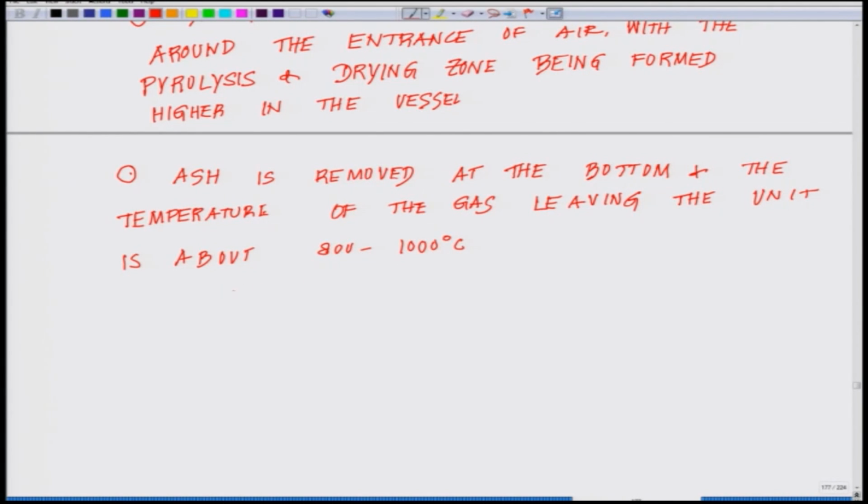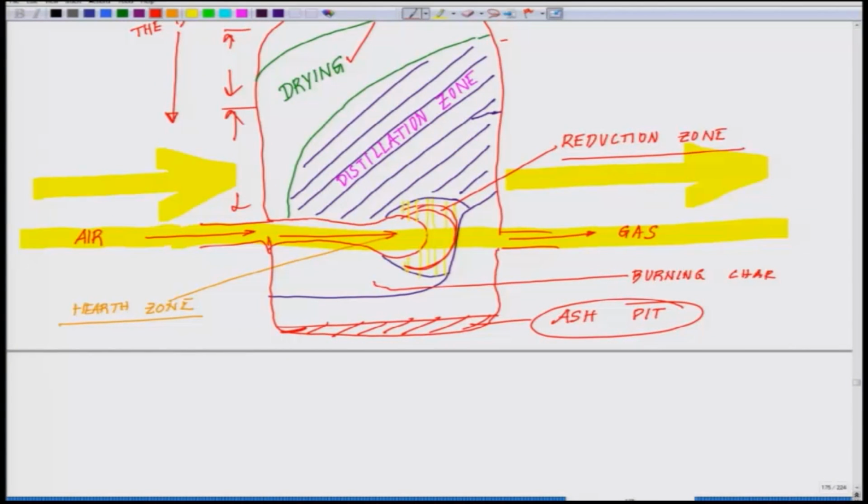Thus, what you are getting in such a situation is that the system has low efficiency and this gas has higher tar content. Why is it so? If you look at the anatomy carefully of this reactor, you will realize it, because this is the only zone where most of the reaction is taking place. So, there is no other way you can remove the tar.